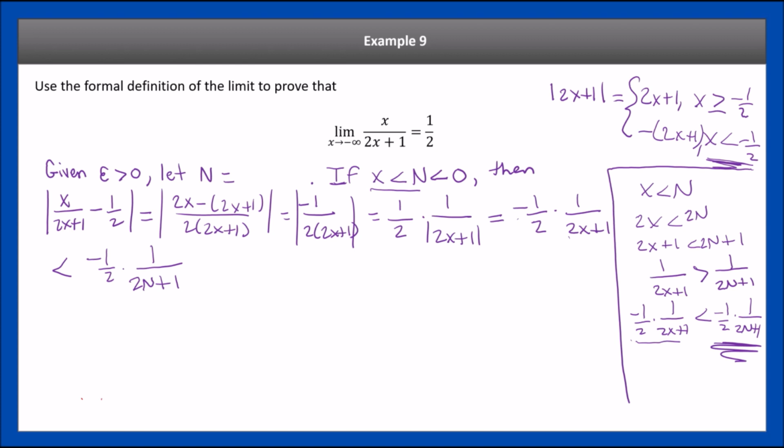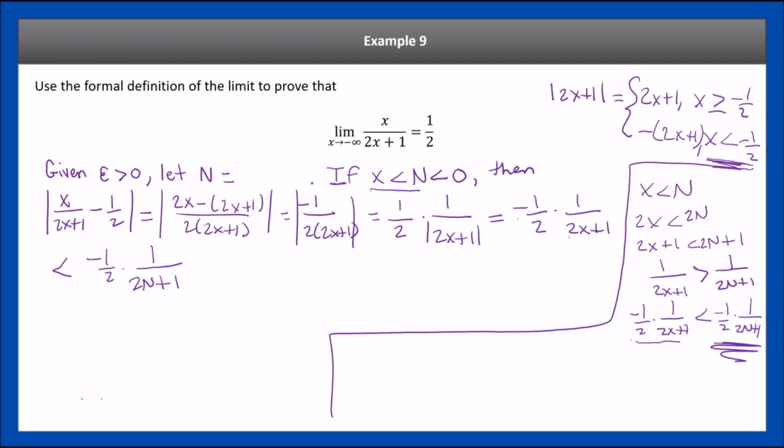Now that we have it less than, we're going to do it in terms of epsilon. If we can write that in terms of epsilon, then we're done. So basically, we want this to be negative 2 epsilon, because then it will cancel out with the negative 1/2, leaving us with epsilon. Let's do this work off to the side. We need this to be equal to negative 2 epsilon.